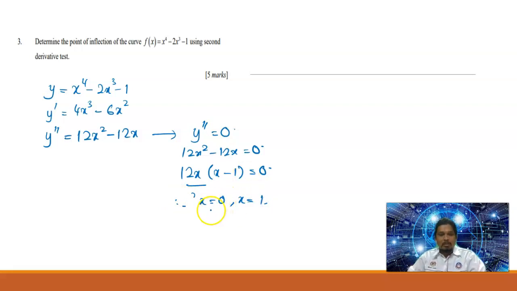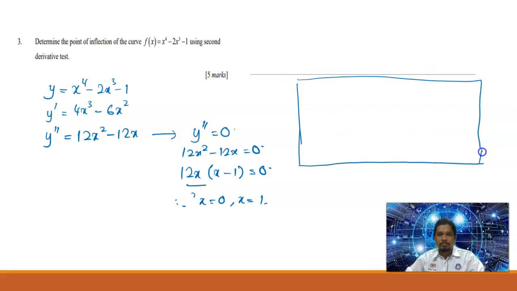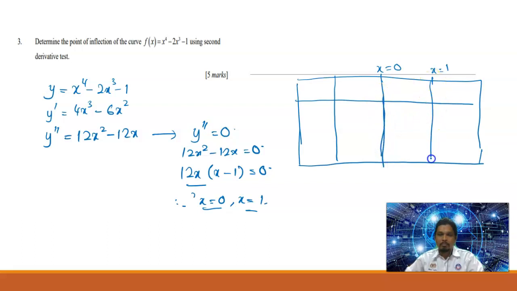Just imagine that I come up with this table, so there are two values of x, 0 and 1. This is the range for negative infinity until 0, 0 until 1, and 1 to positive infinity.